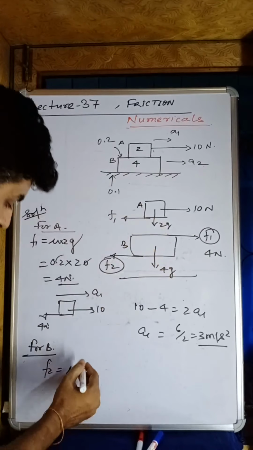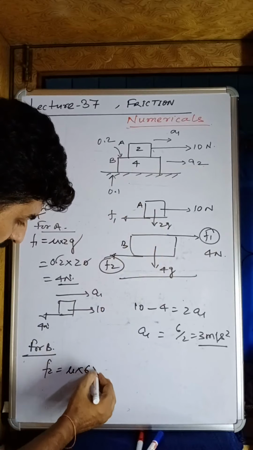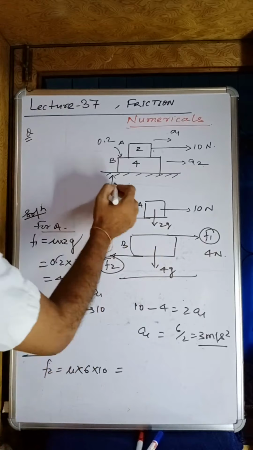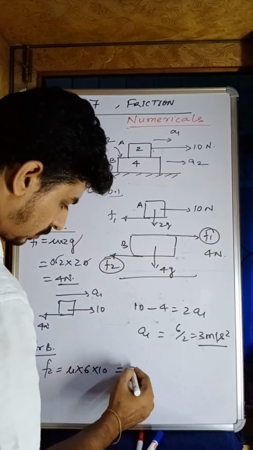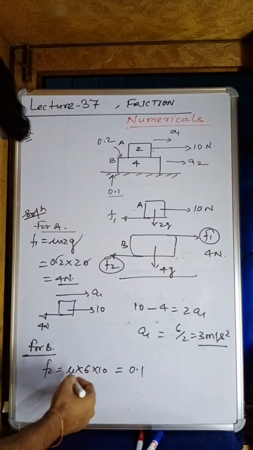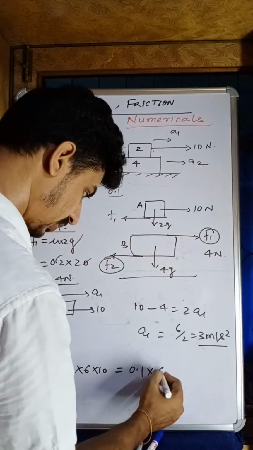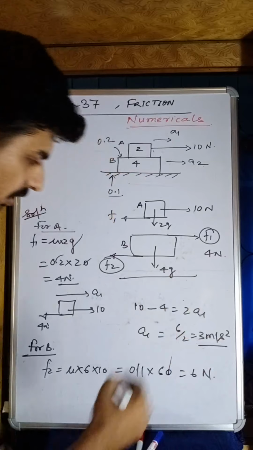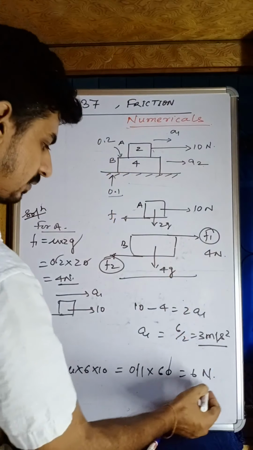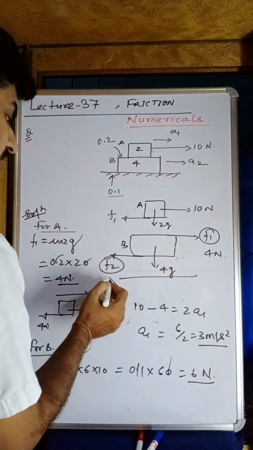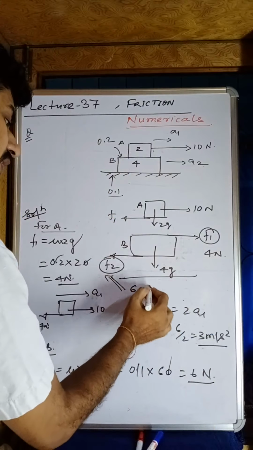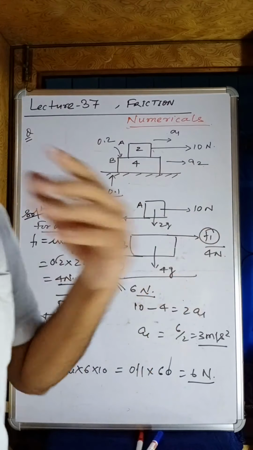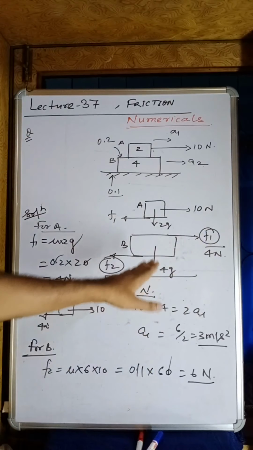It is 6, so 6g, and mu is 0.1. So 0.1 times 60, it is 6 Newton. Alright, it is 6 Newton. And you can see, my dear students, this driving force which is 4 Newton is less than 6 Newton. So how is it possible that it can move this body?